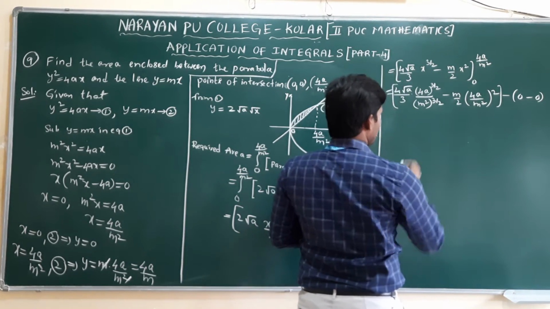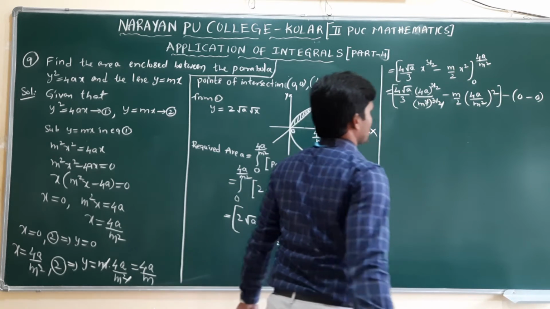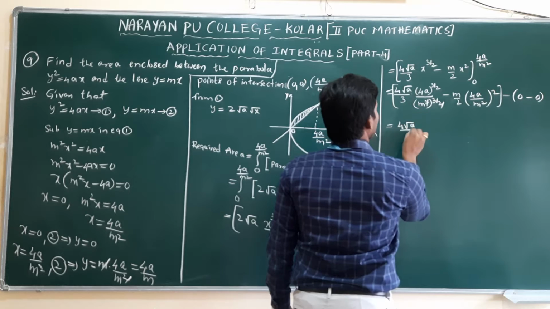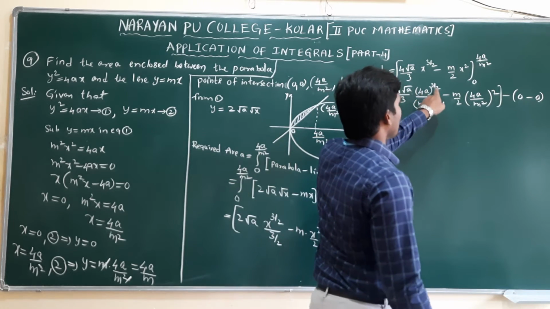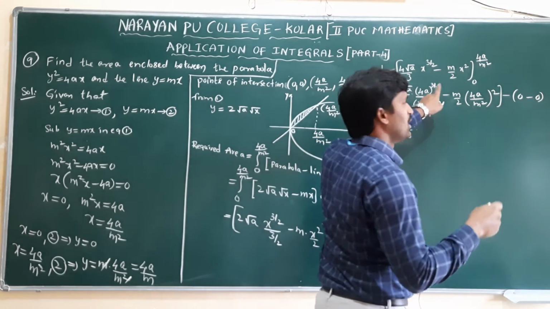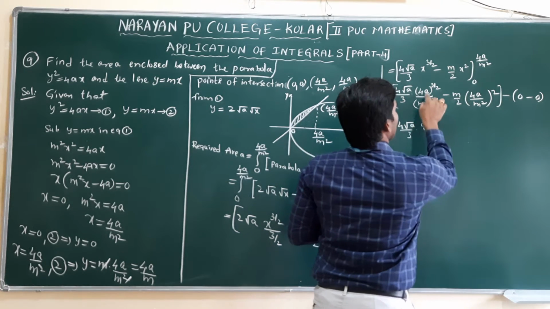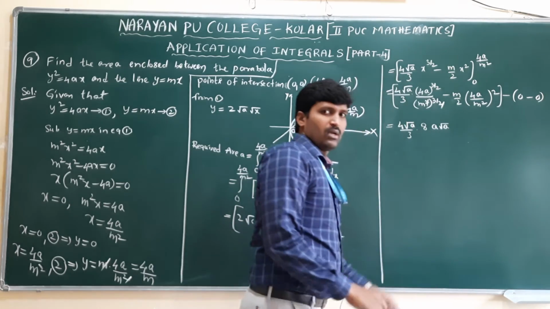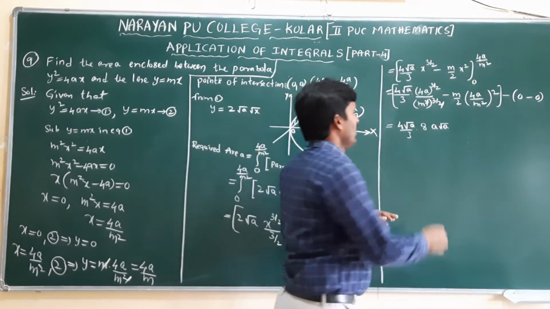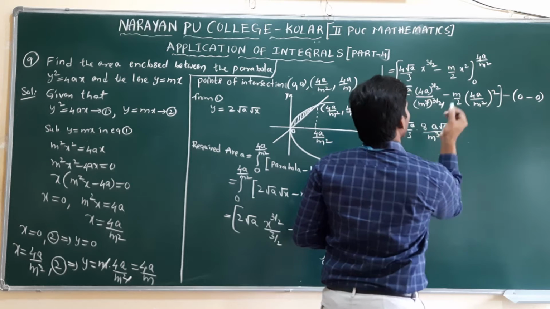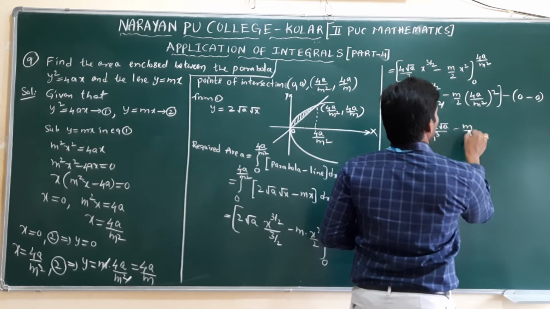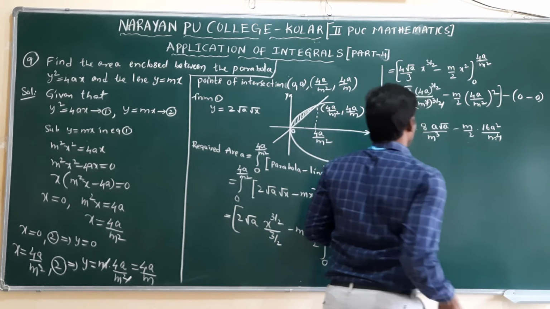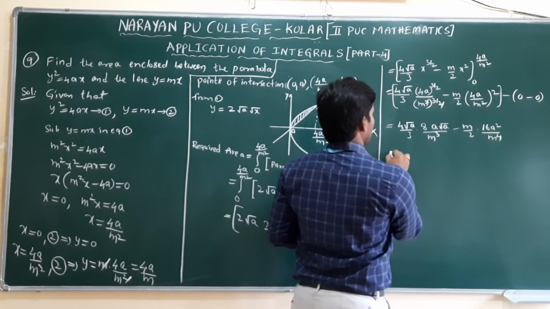Now here in this case, the squares cancel. 4 root a by 3. 4 power 3 by 2 means 2 cube, that means 8. a power 3 by 2 means you will get a root a, a cube square root, okay? In the denominator there is m cube, minus m by 2 into 16a square by m power 4. Here any cancellation is not possible.